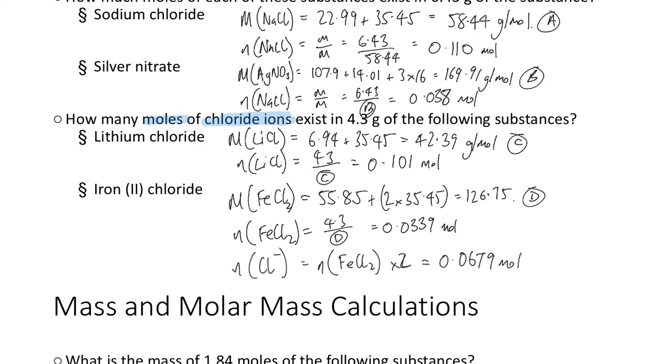Okay, in this first one, you should also just show that you're solving for the number of moles of chloride ions, which will just happen to be the number of moles of lithium chloride times 1 on 1, which will just be equal to the same value, 0.101 moles. Okay, but you got to read the question, see if there's any other trick questions part of it. All right, let's move on.